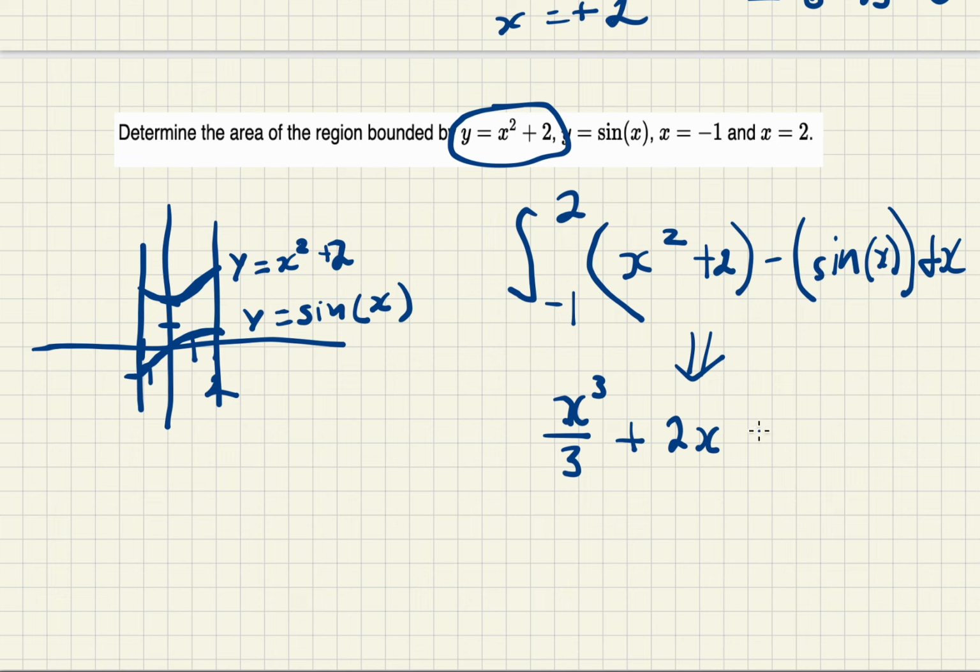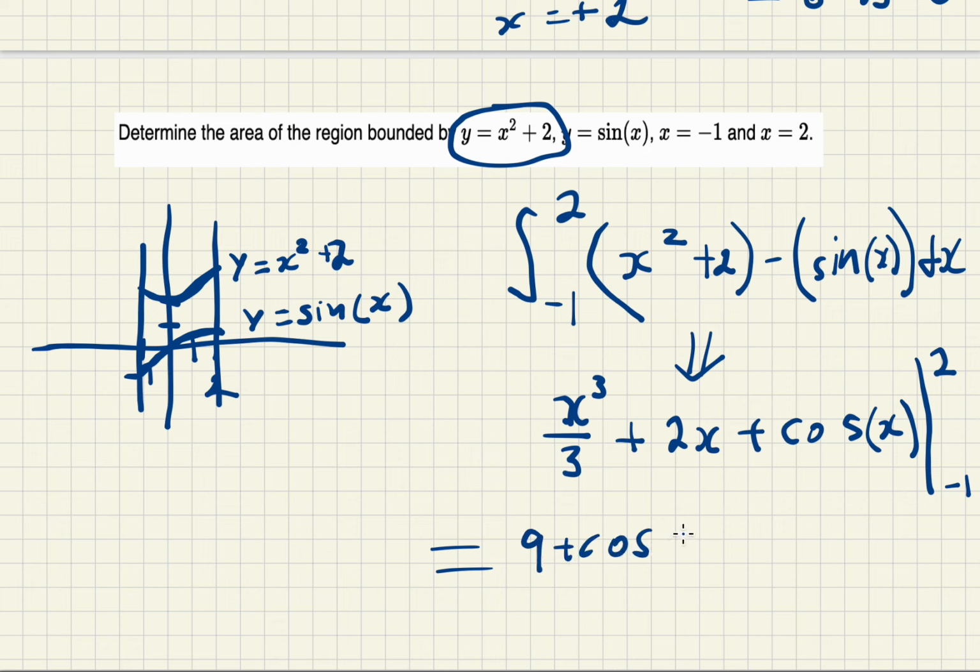And then negative sine x turns into positive cosine x. We're integrating this from negative 1 to 2. Plugging in 2 for each of these terms, subtracted by negative 1 for each of these terms, we get something along the lines of 9 plus cosine of 2 minus cosine of 1.